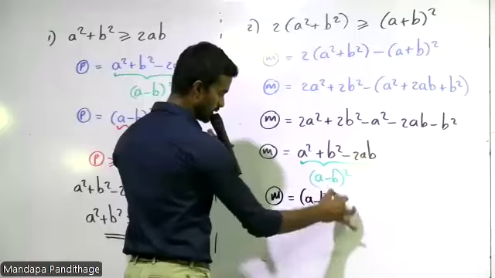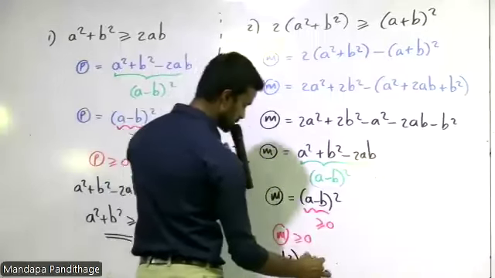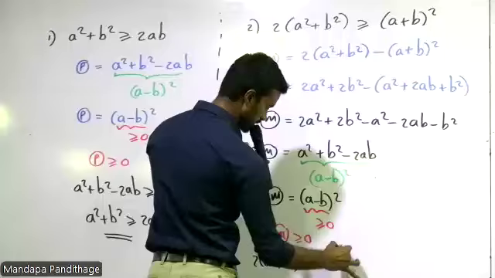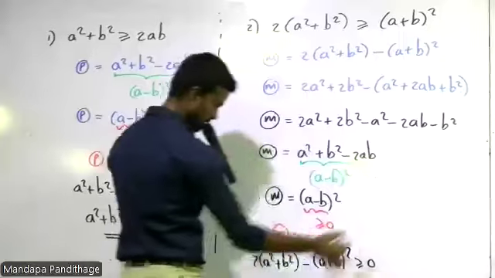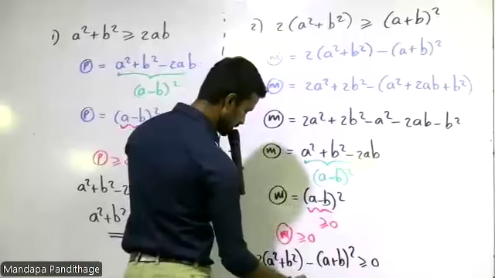You can write the final answer. What is M? 2 times a squared plus b squared minus a plus b squared. Then you get the answer: 2 times a squared plus b squared is greater or equal to a plus b squared. Clear? Okay, this is how to get the same thing.